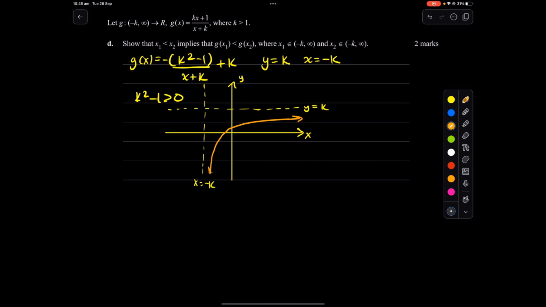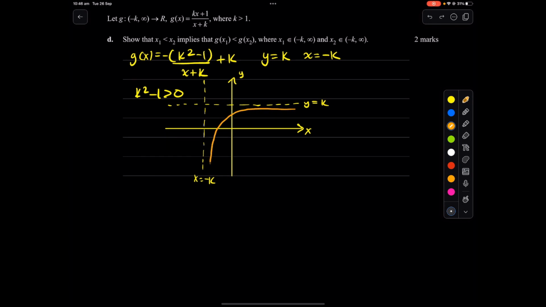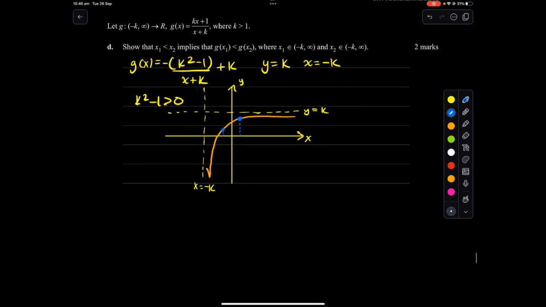So what can we tell? Let's say we pick a point, for example. Let me just draw it nicely. Say we pick a point at this point over here, and this point over here. Show that when x1 is less than x2, let's say this is x1 and this is x2.